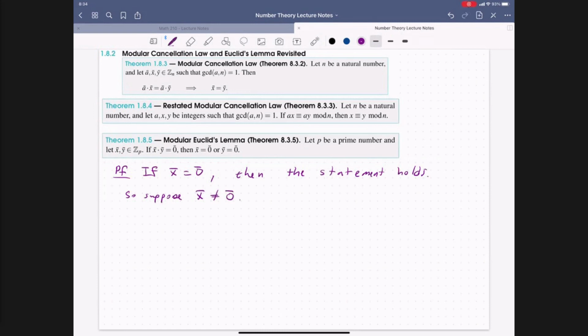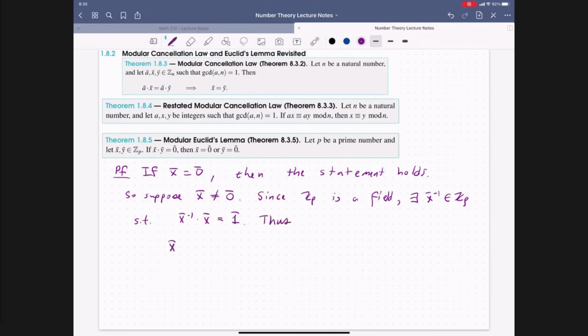But if x bar is not equal to 0 bar, we know that the integers modulo p for p a prime number is a field. So since the integers modulo p is a field, there exists some multiplicative inverse in the integers modulo p such that the multiplicative inverse of x times x bar is equal to 1 bar. So now we look at our equation.